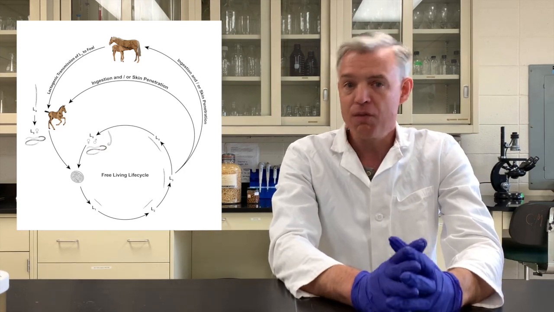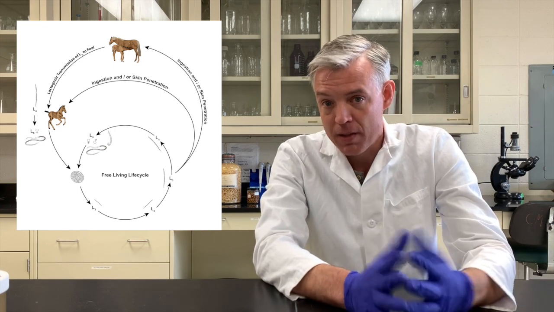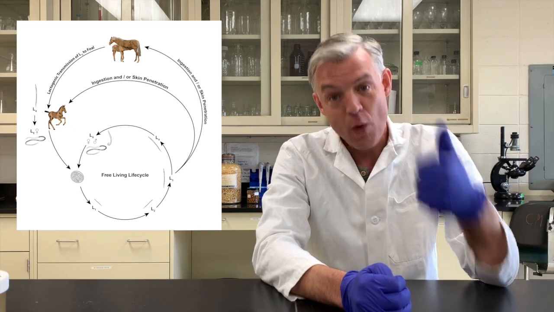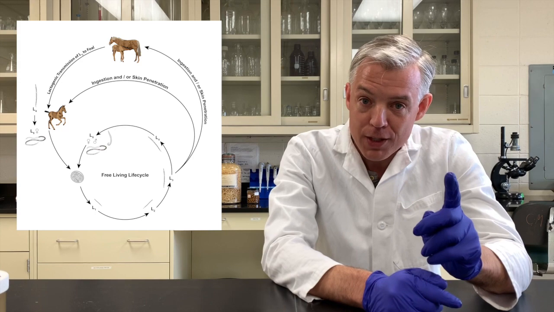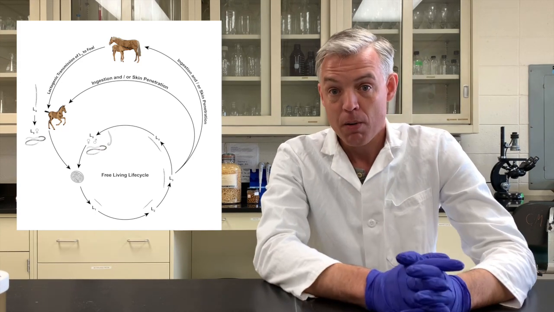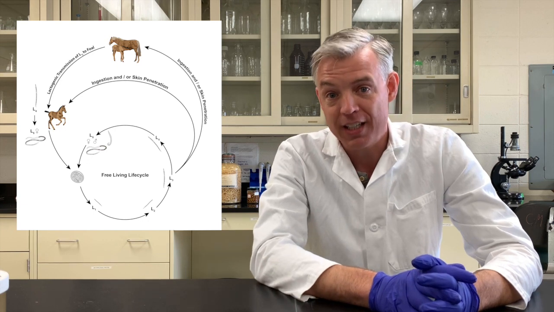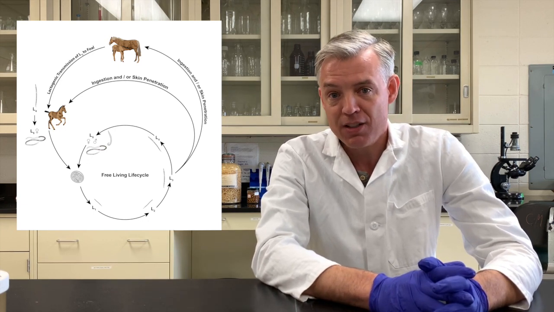It can go, well, I don't feel like being a parasite today. I'm just going to hang out here in the environment. And then what's additionally unique is that when it decides to become a parasite, first of all, it's only the females that are parasitic. The guys just hang out at home, probably look after the kids, while the girls go on a Viking raid and infect some horses.